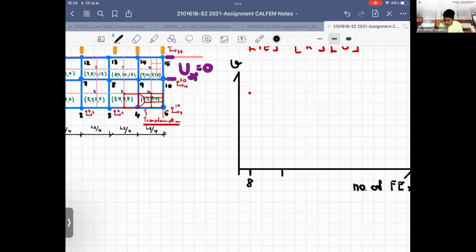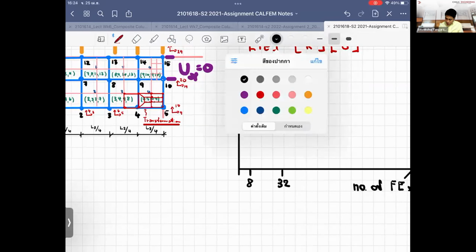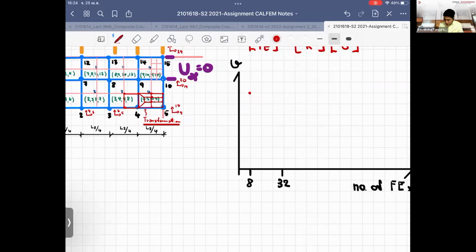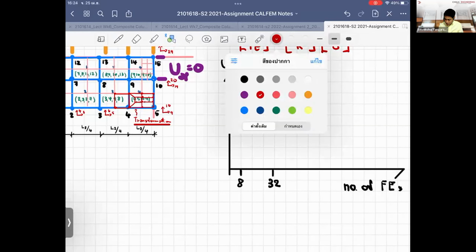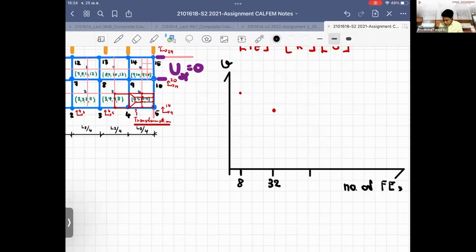For example, next time you discretize them to be 32, you obtain another displacement value. And the more that you discretize an element, it is supposed to be that 128 and more.